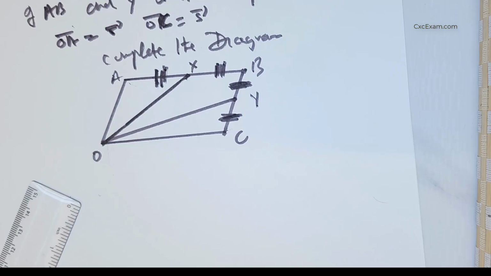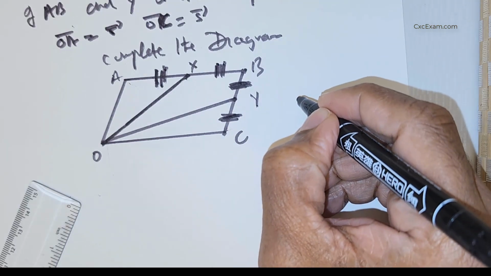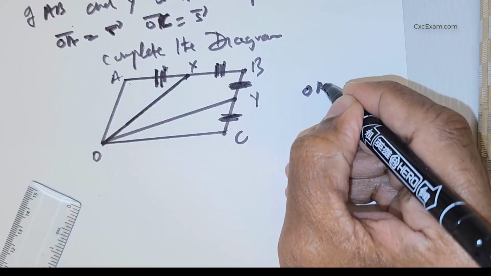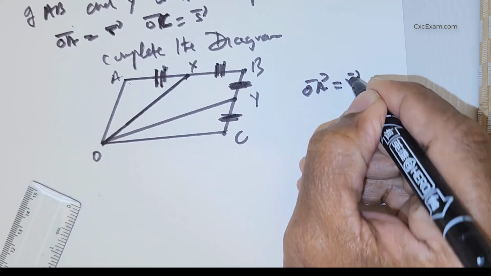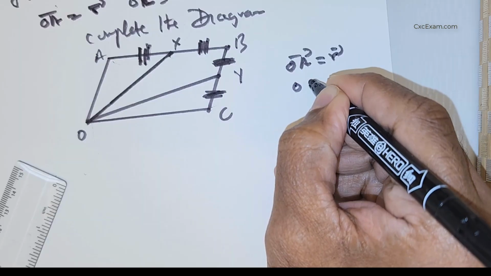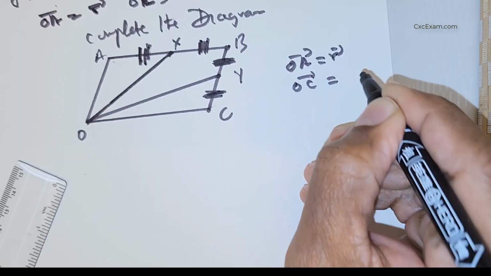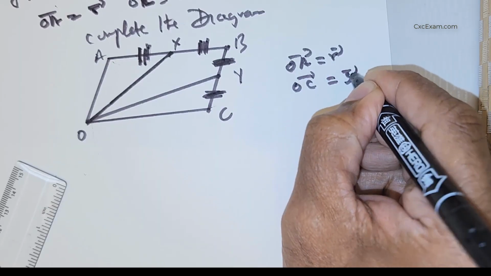Now the question is, we have the following: OA vector is R vector and OC vector is S vector.